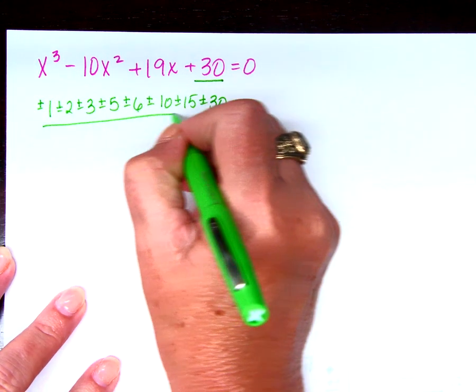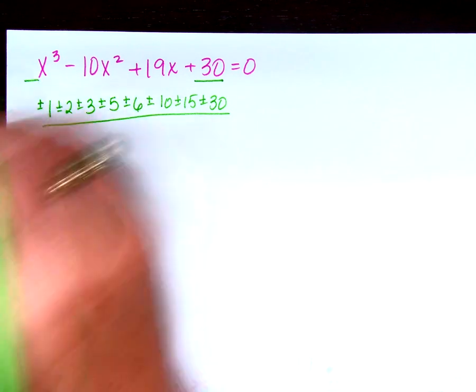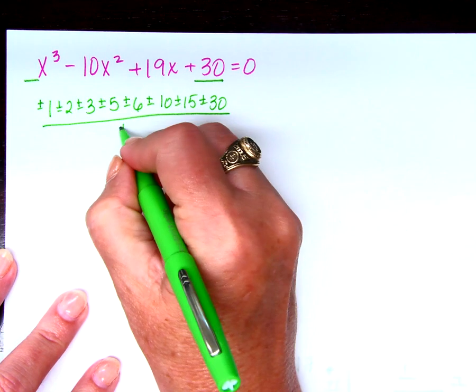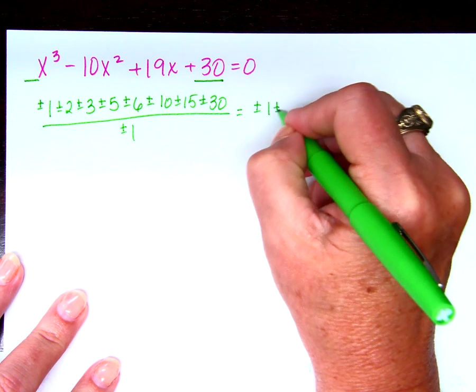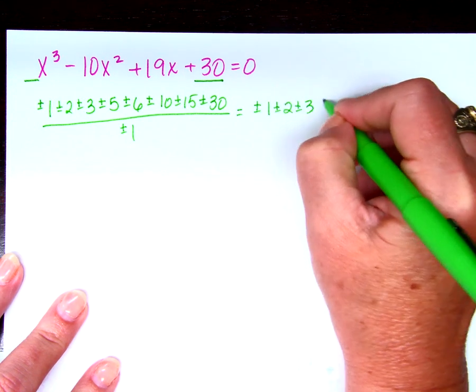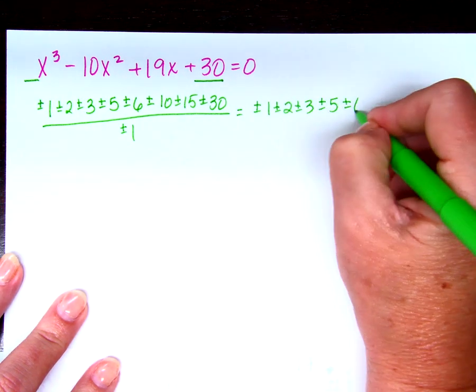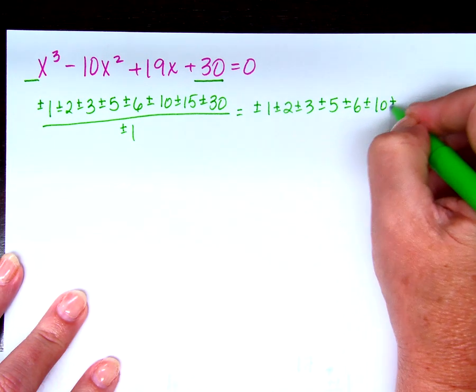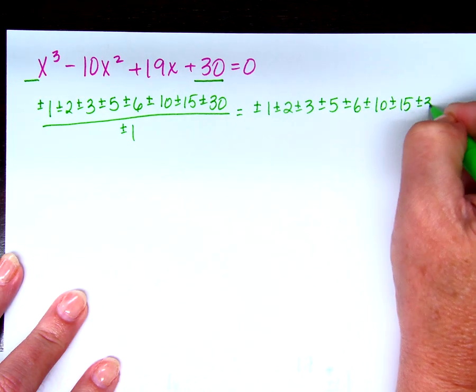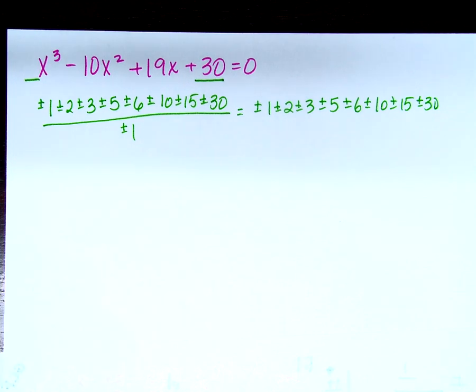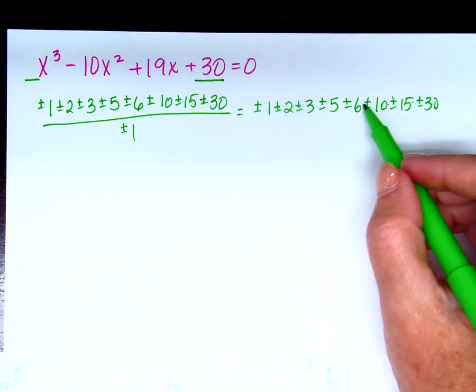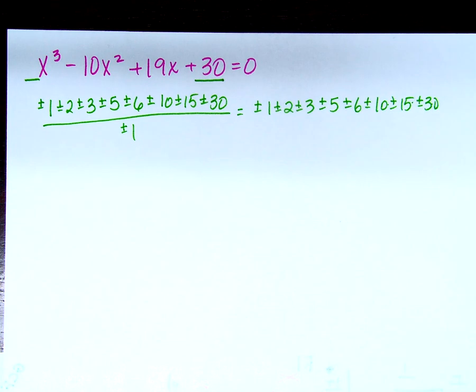All divided by the factors of the first term, the leading coefficient, which is what? 1. So I get 1, 2, 3, 5, 6, 10, 15, and 30. So I had an infinite number of possibilities. Now I only have 16, right?